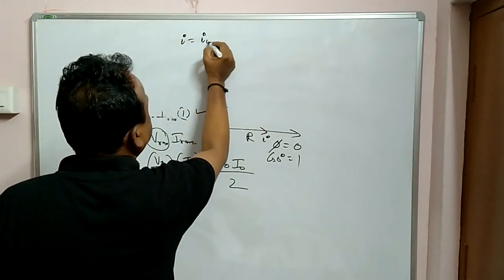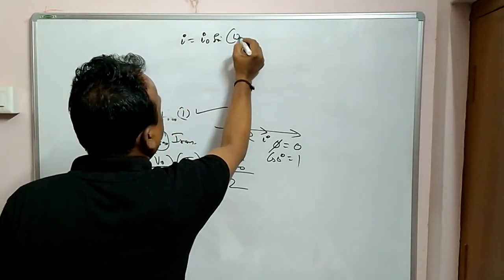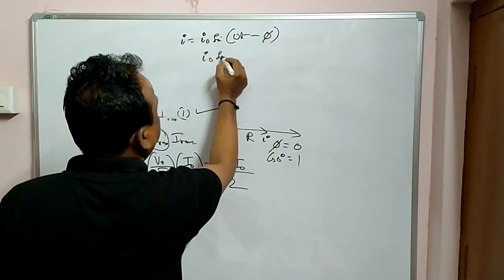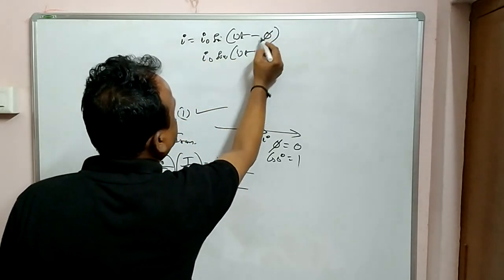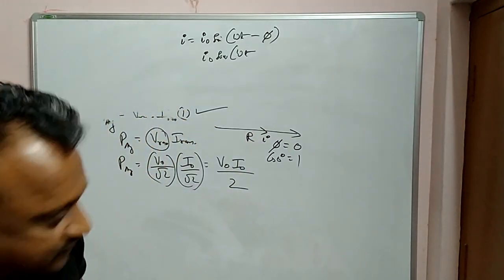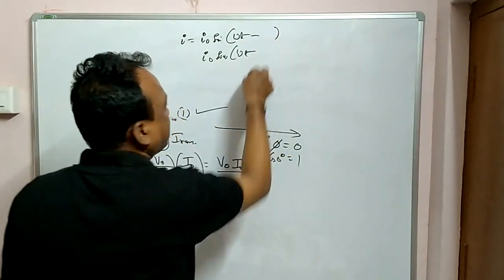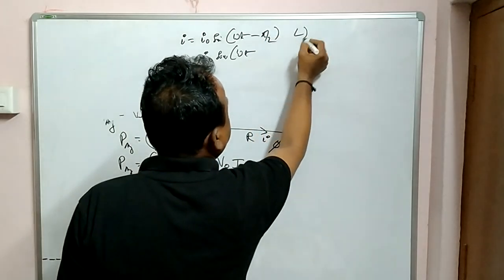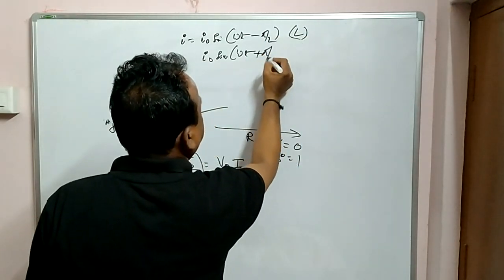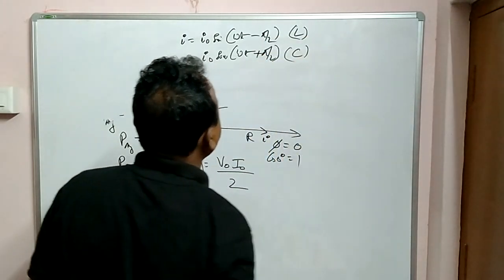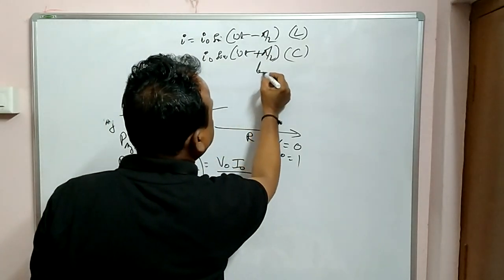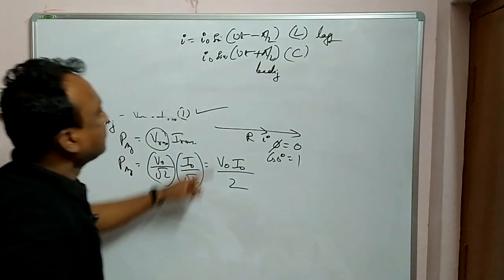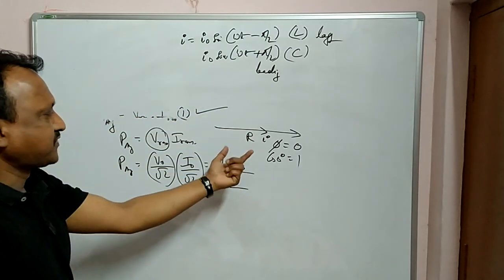I is equal to I0 into sin (omega t minus pi by 2) when inductor is there, plus pi by 2 when capacitor is there. So here current leading, and here current lagging. So in both the cases, what is the phase difference?